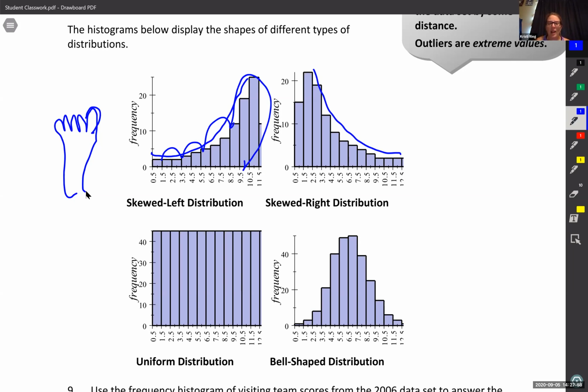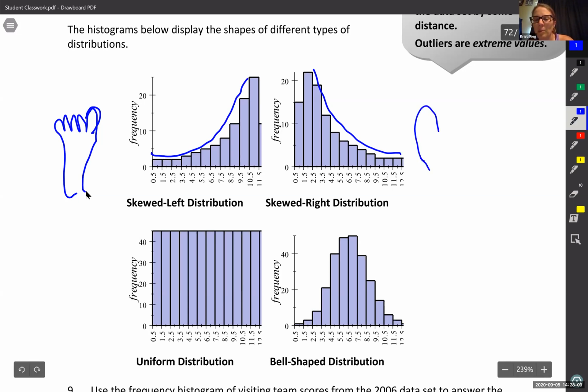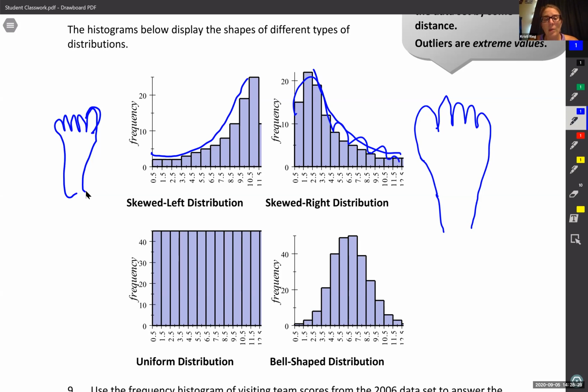The left foot, the picture looks like my left foot. Opposite on the other side, skewed right, I have my big toe in the middle. Here's my whole foot, and then I have toes. This person has very pointy toes, and it almost looks like a hand. Anyways, big toe, littler, littler, littler. Don't judge me by my drawing, but use this tool. It's a very handy way to remember left versus right.